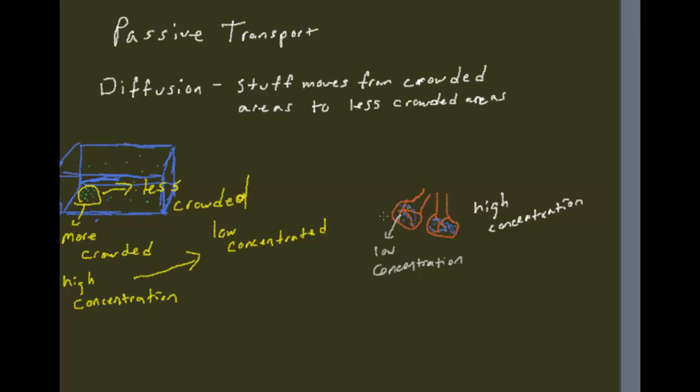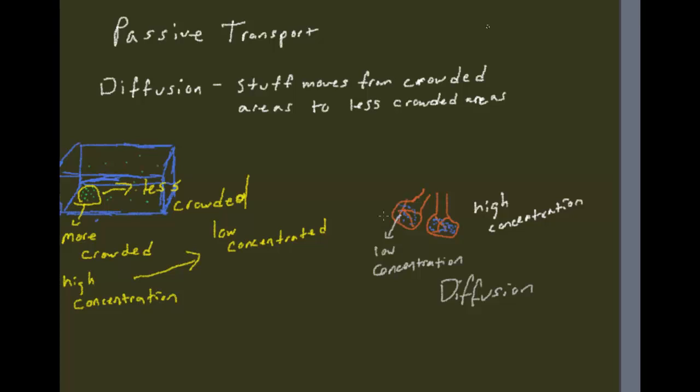This is deoxygenated blood. So what happens is these oxygen molecules naturally, without any effort, flow from the alveoli into the blood to balance out the concentration of oxygen molecules. So it's the process of diffusion. That's how it gets in there.